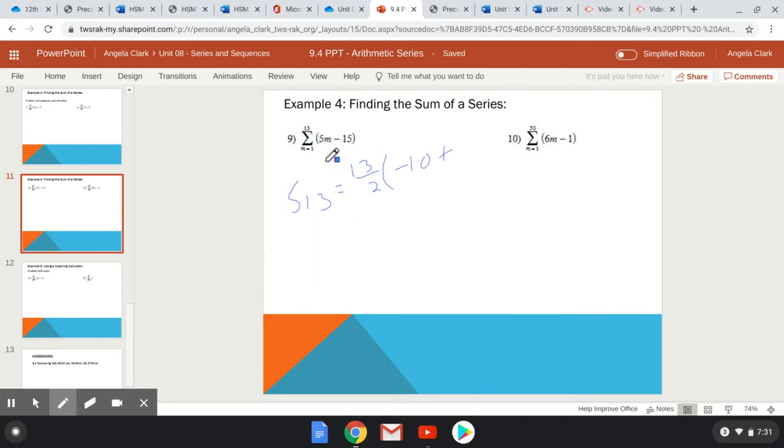Plus, plug in 13: 5 times 13 minus 15 is 50. So 50. And then do the math there. We're going to get 260 as our sum.